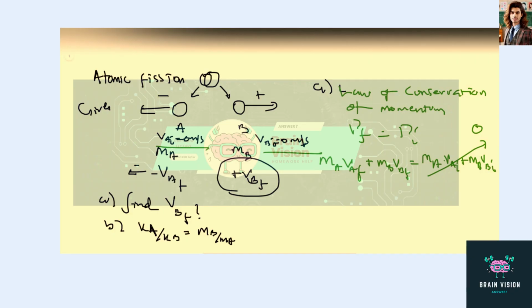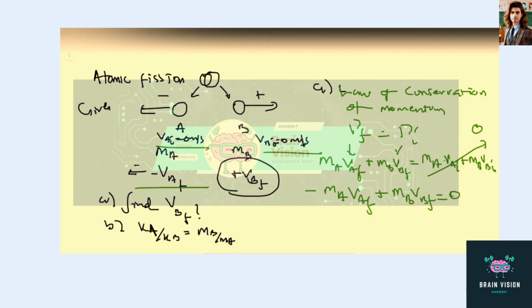The velocity of A is negative because it moves in the opposite direction. So that's going to change the character of this problem. So you have MA times negative VA final plus MB VB final equals zero.